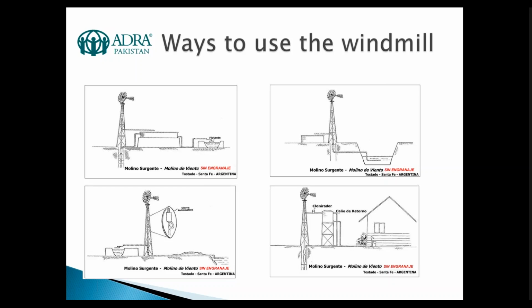Okay, now you can see different ways to use the windmill. I only thought that the windmill was only for pumping from one borehole to the surface, and that's it. But when I visited factories and talked with them, I discovered many ways to use the windmill. It's not only a hand pump for the ground.